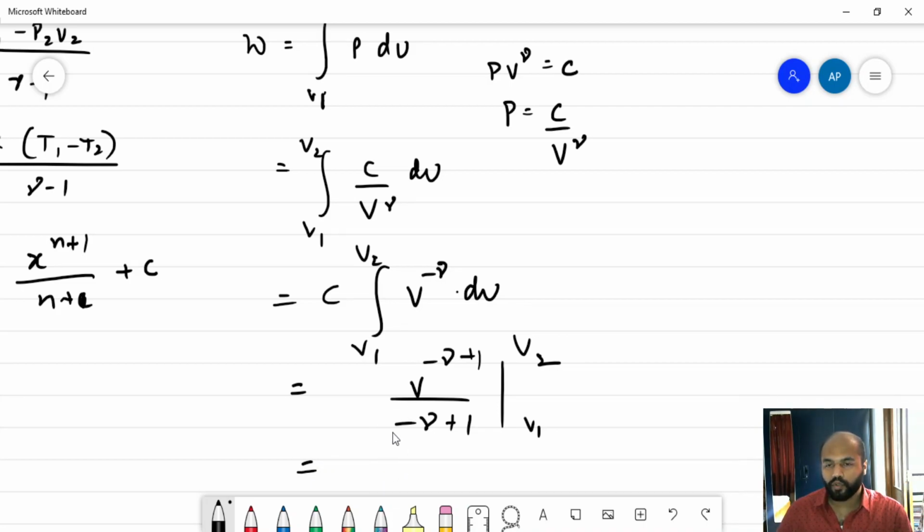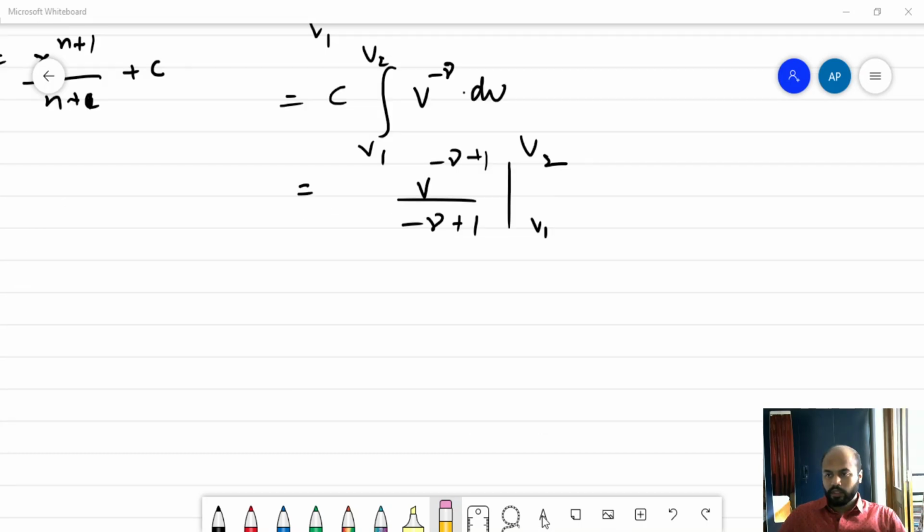So let's put it over here and see what we get. What we get is V raised to 1 minus gamma by 1 minus gamma.